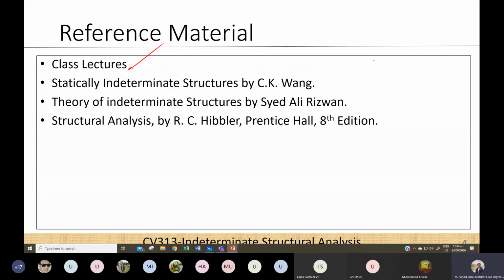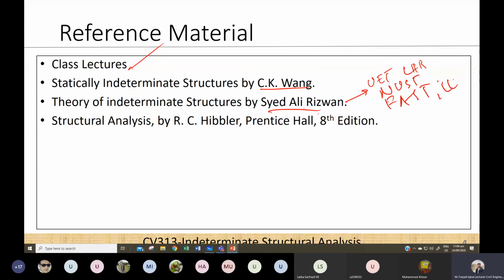And then if you want to consult some books, there is Indeterminate Structures by C.K. Wang and by Sayyid Ali Rizwan. I think this person was a professor at UET Lahore and NUST also, and currently is serving at FAST in Lahore, I guess.